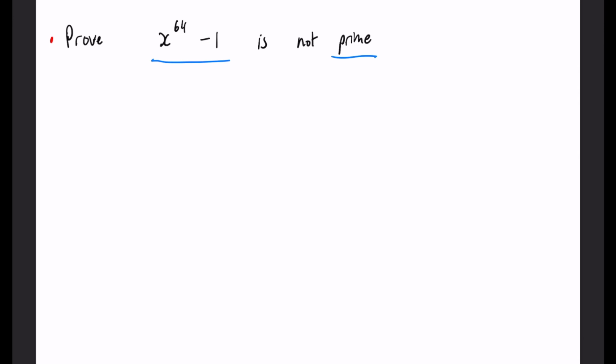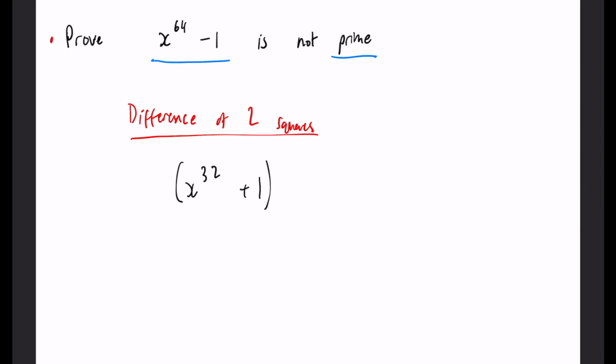Now, I haven't personally made a video on this yet, but there will be one in the near future. This is something called the difference of 2 squares. If you've got 2 square numbers with a negative in the middle, you can write them in this form. x to the 32 plus 1 and x to the 32 minus 1.